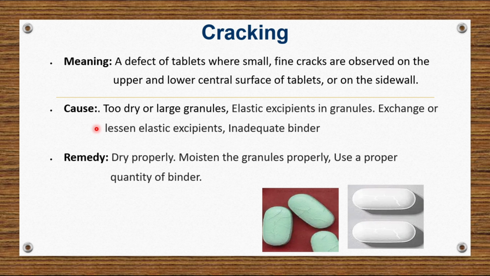Too dry or large granules, elastic excipients being used in granules, inadequate binder. These are the causes of cracking. What is the remedy? Dry the granules properly, moisten the granules properly, use proper quantity of binder, exchange or lessen the elastic excipients, or use correct excipients.